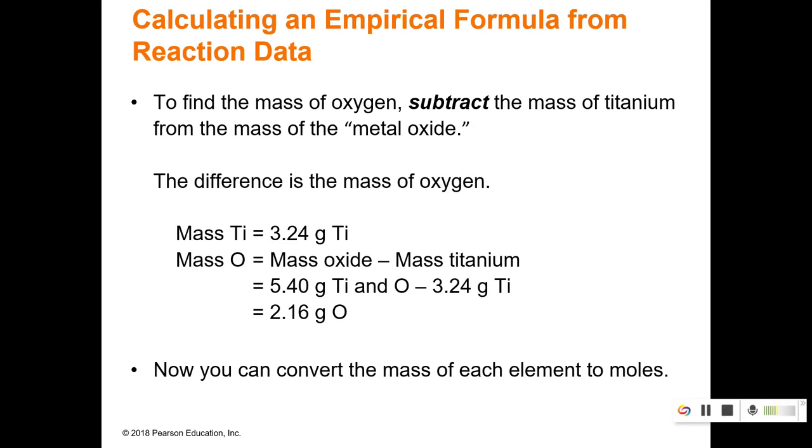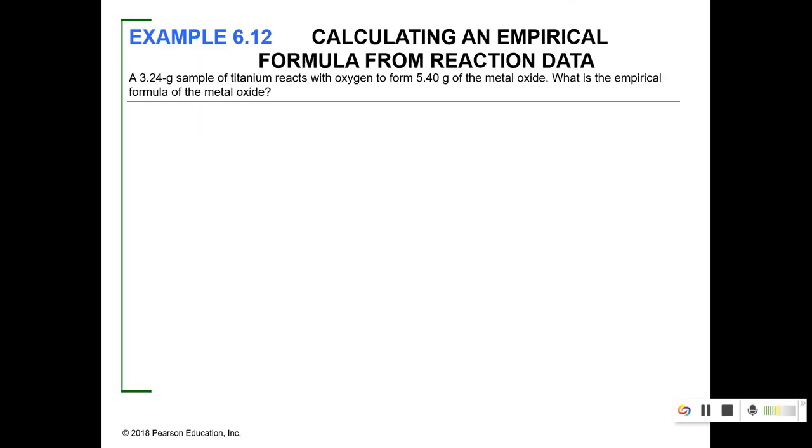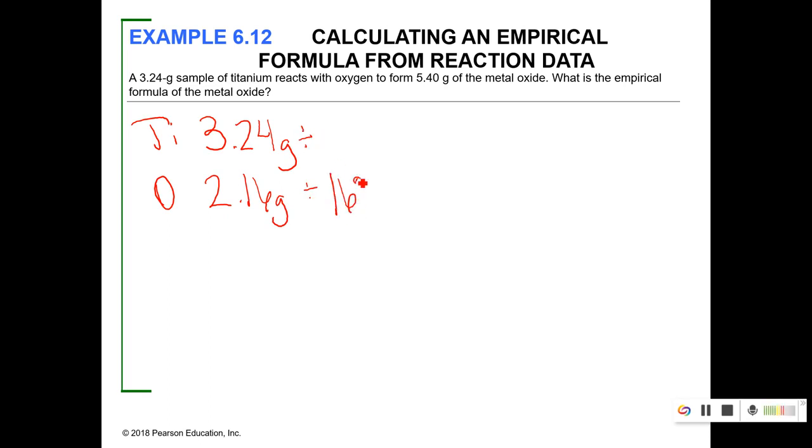Okay, so we start with our 2.16 and our 3.24. Titanium is 3.24 grams. Oxygen is 2.16 grams. We do what we've been doing. Titanium is 47.9.